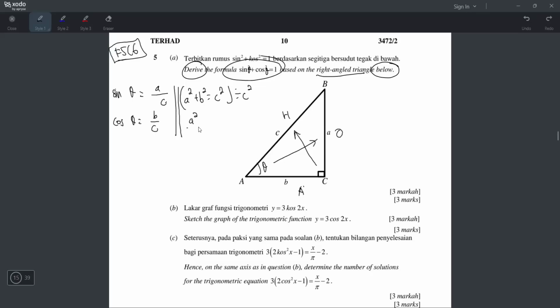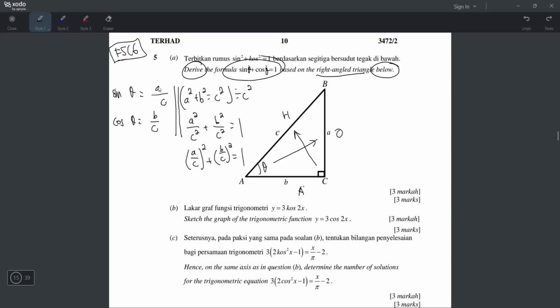So it becomes A square over C square plus B square over C square equals C square divided by C square, which is 1. Okay. And you will realize that here, both have squares. So when both the numerator and denominator have squares, we can write the square outside like this. And then the A over C right there. Yeah, because both are squared. Same with this. Okay, I can do it like that also. B over C square, square written outside the bracket, and then equals 1.